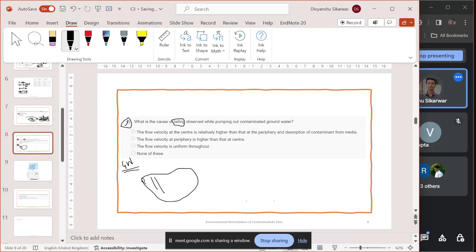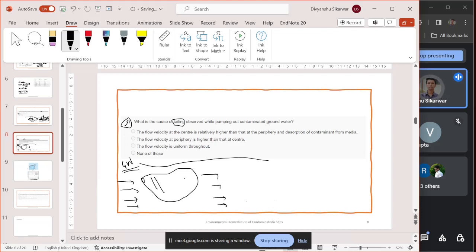In groundwater, if a certain contamination source has spread in this particular zone, and we have groundwater flow direction like this, we want to remediate and stop it.